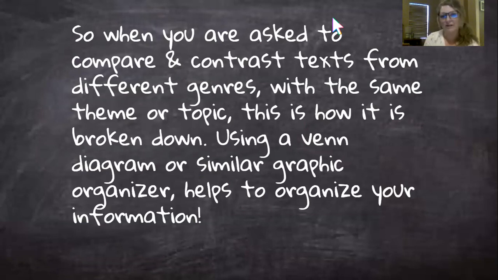Just what we did right now would help you on any lesson where you have to compare and contrast, even similar genres, because you might be asked to compare two texts from the same genre, or two texts from different genres. Either way, you can use this method. Today we did different genres, same idea, same theme, okay?